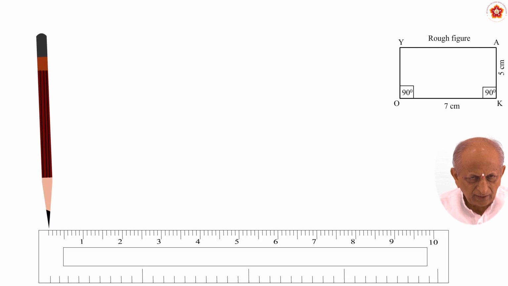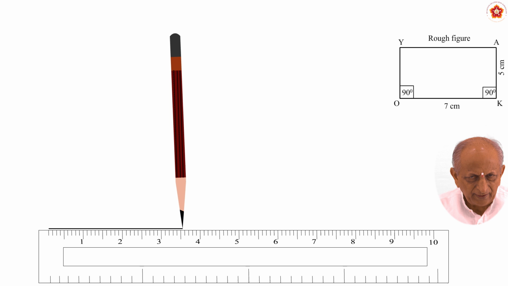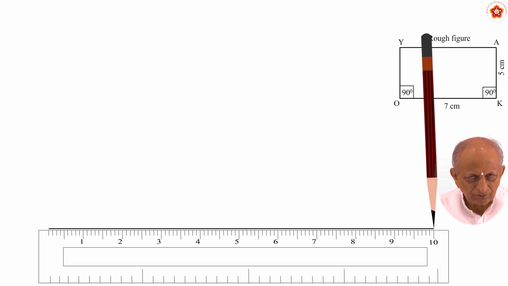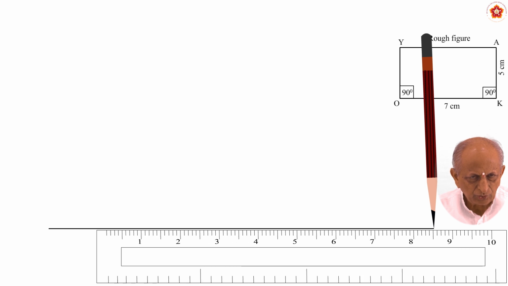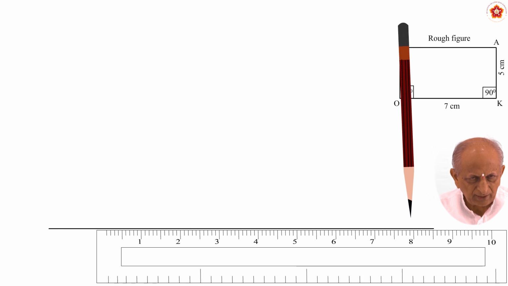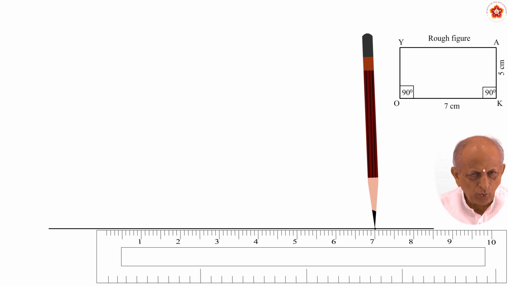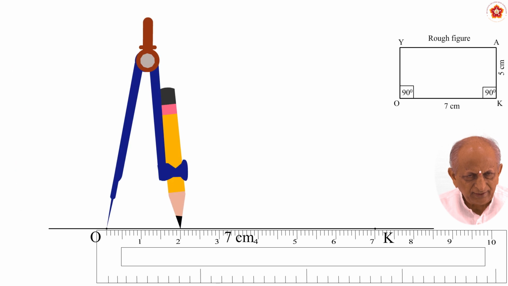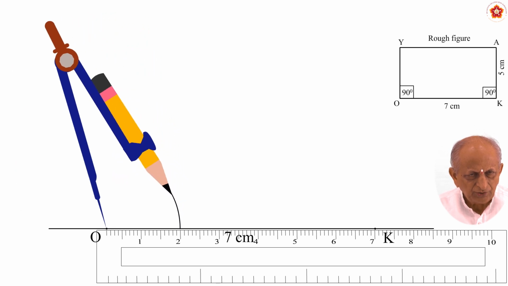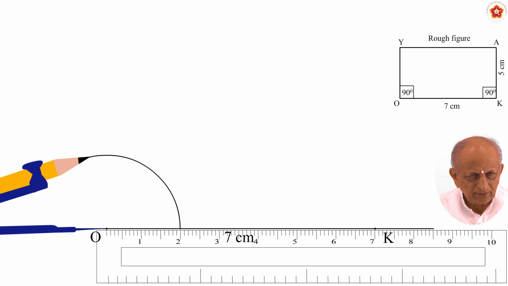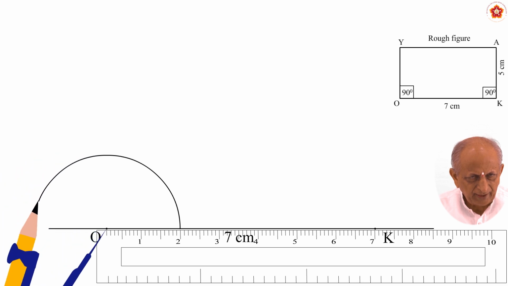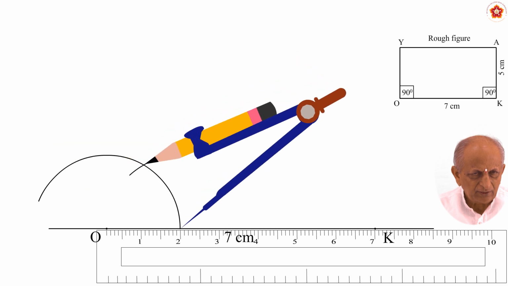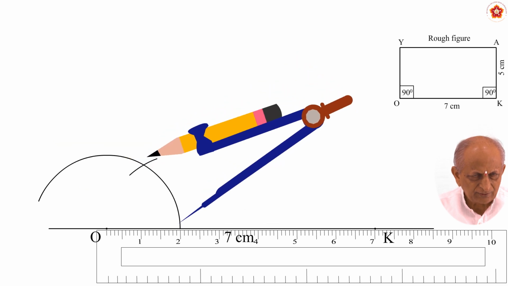Take a scale and pencil, mark a length of 7 centimeters. So OK is equal to 7 centimeters. Name it as O and K. Now how to construct a right angle? You already studied it. Take your compass, make an arc of convenient radius from O. With the same radius, draw two more arcs.